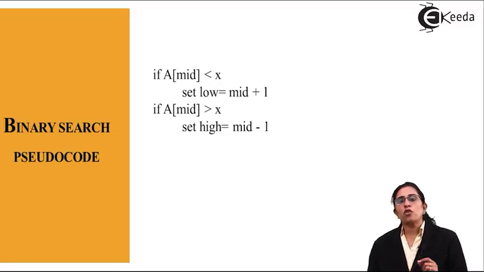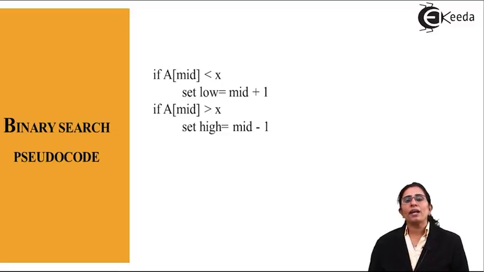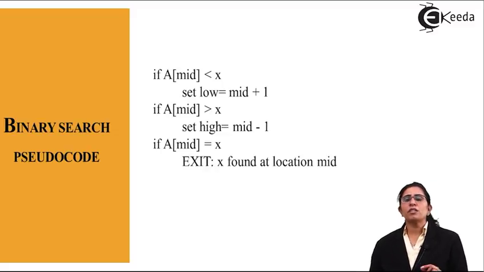This is the approach of binary search, which divides my list into two parts after finding the middle element of the list. And if the element is found in the middle, then we say the element is found at a particular location. So this function will work recursively to search a particular element in a list.